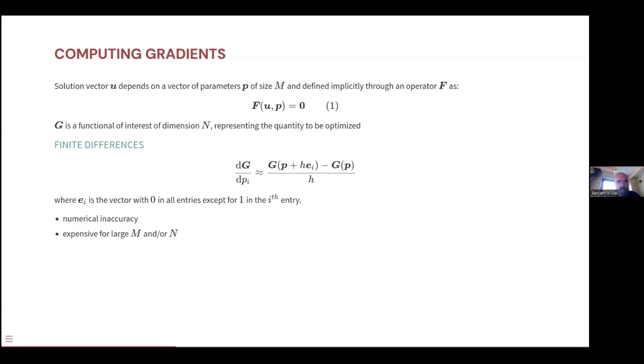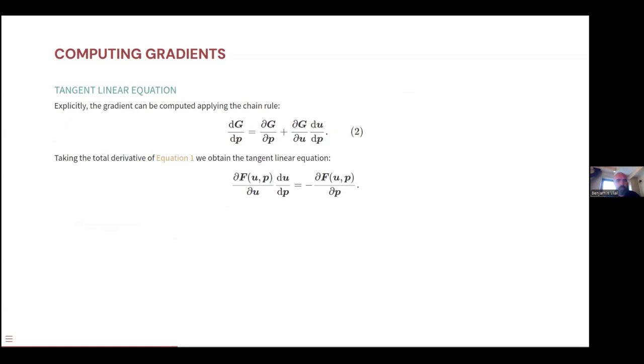So another way of obtaining the derivatives is to solve the tangent linear equation. So explicitly you differentiate your objective function and you obtain this tangent equation.